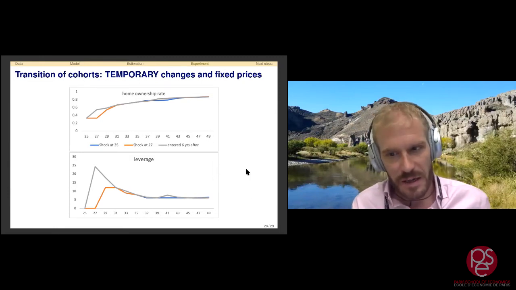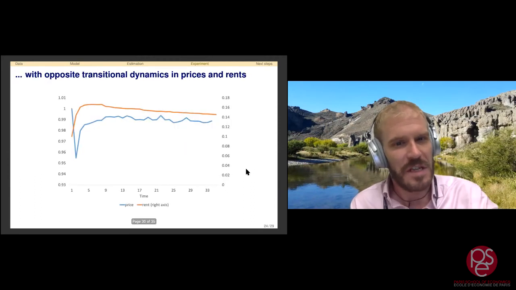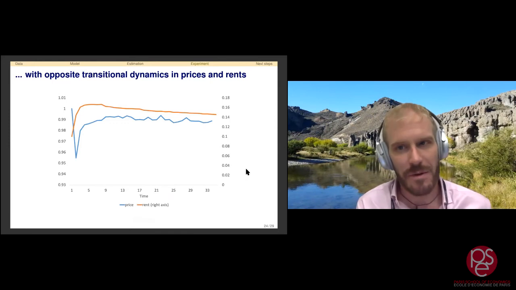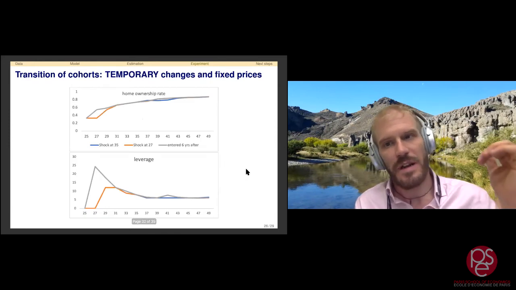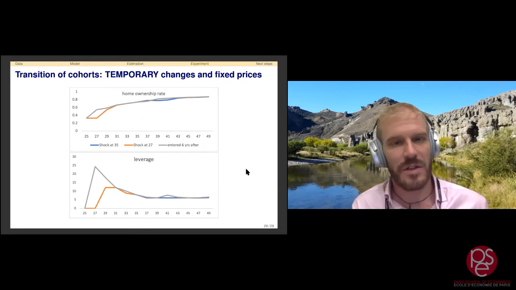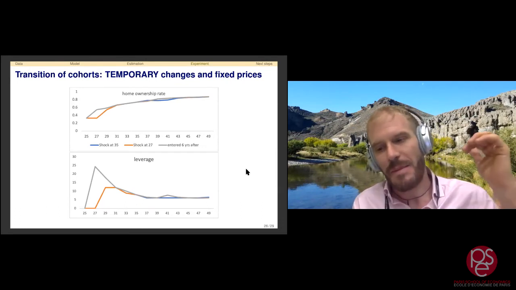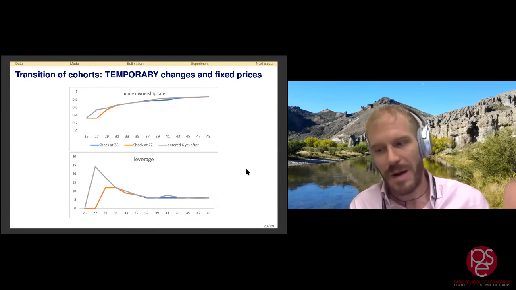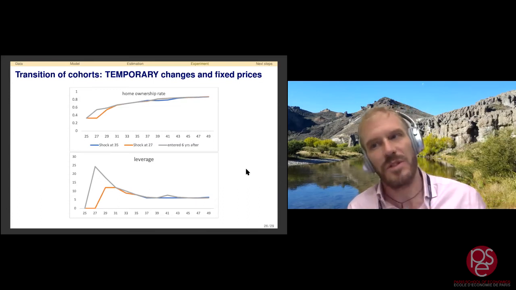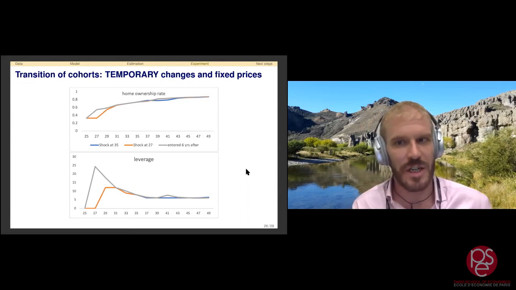So the previous dynamics were for equilibrium prices. This is when we don't allow house prices and rents to adjust, but in order for the market to clear, we allow the supply of both houses for buying and renting to adjust. So this is a non-equilibrium setup. And again, the shock is temporary.